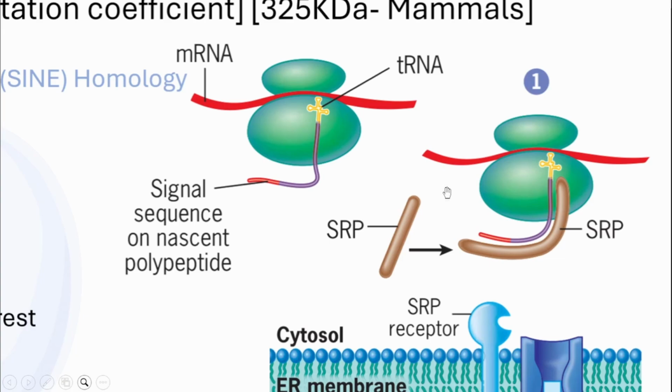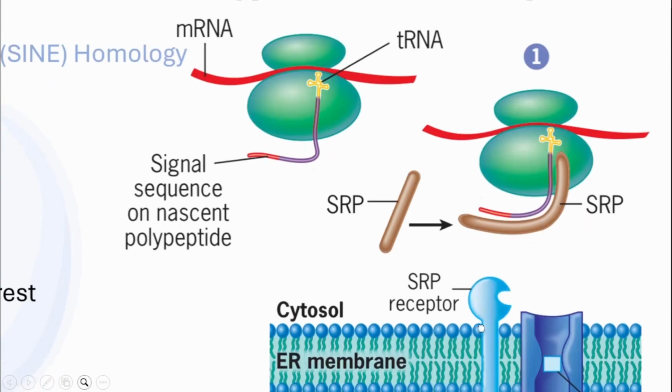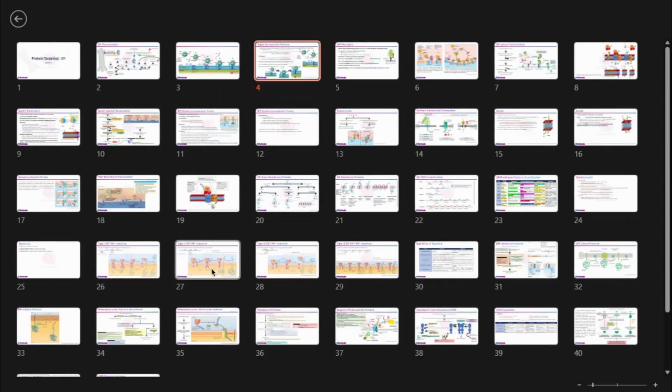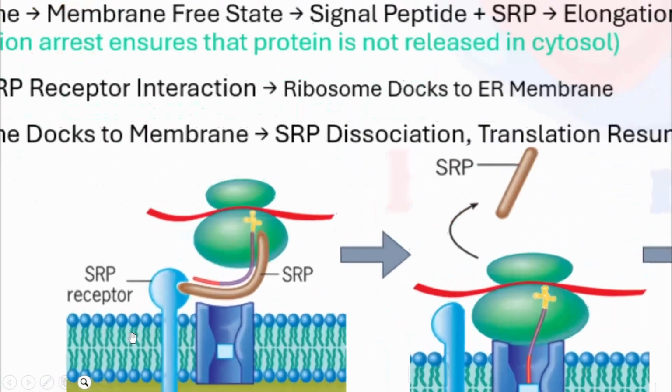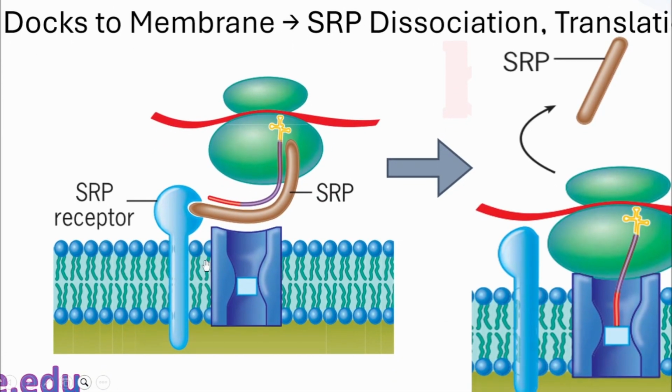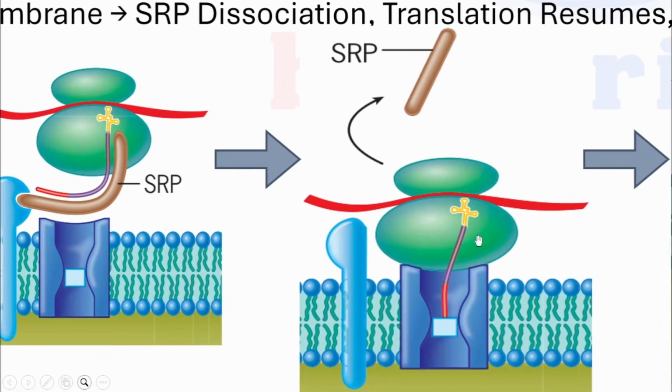The third interaction will be between this SRP and SRP receptor. The SRP receptor is present on endoplasmic reticulum membrane. When this interaction of SRP and SRP receptor will take place, there will be docking of this ribosome to the endoplasmic reticulum membrane. As the ribosome docks, GTP hydrolysis will take place and this SRP particle moves away, and the process of translocation will begin.